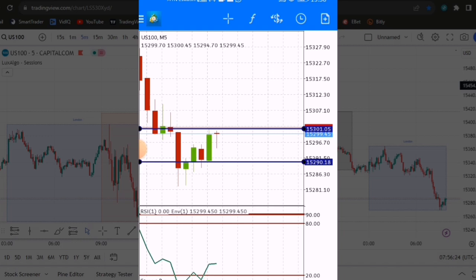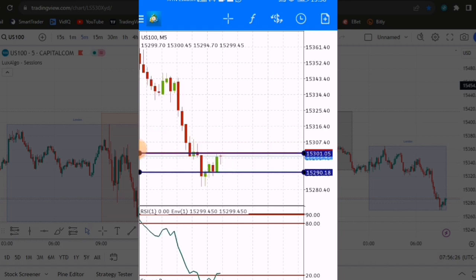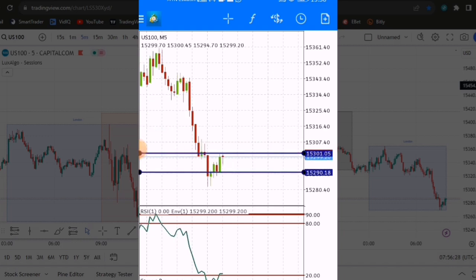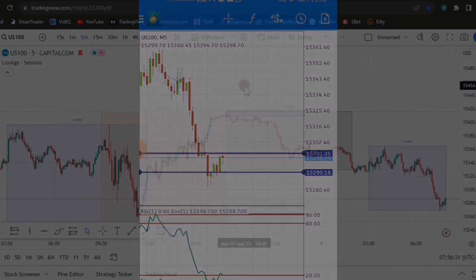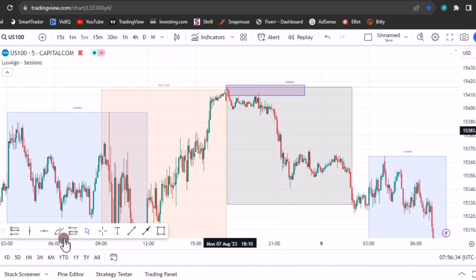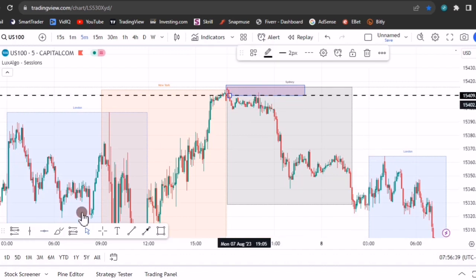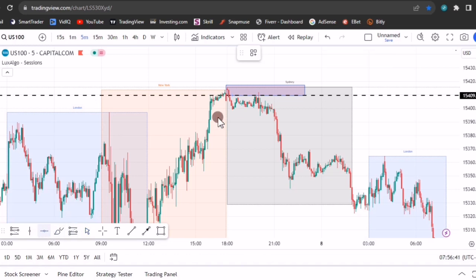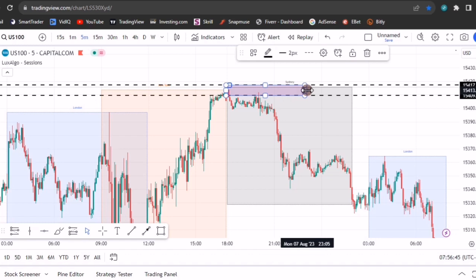Now these two, you can then zoom out. These two horizontal lines, traders, are the boundaries of this key level that I am helping you to draw.